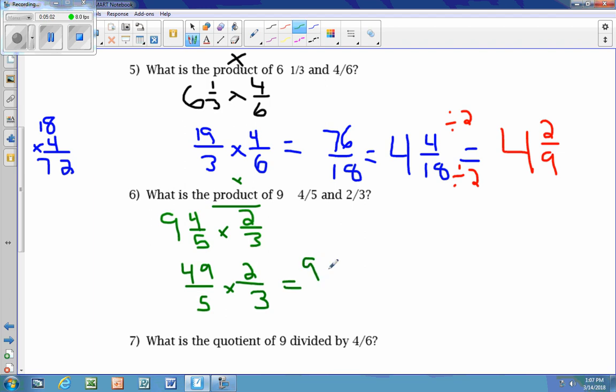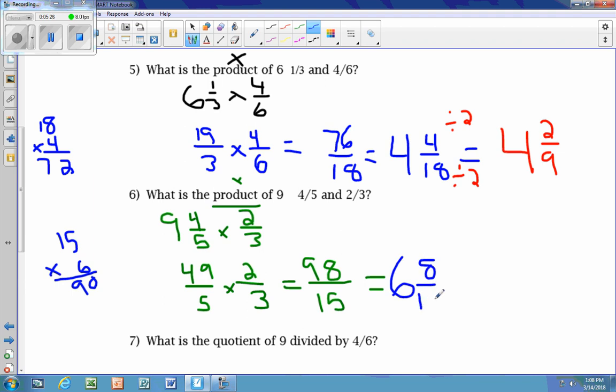We end up with 98/15. And we have to see how many times 15 can go into 98 because it's improper. I can't leave it that way. So once again, we're going to do some math on the side and see, maybe let's try 15 times 6. That would get me to 90. That seems pretty close. So it's going to go in 6 times, and then we have 8 left over out of 15.